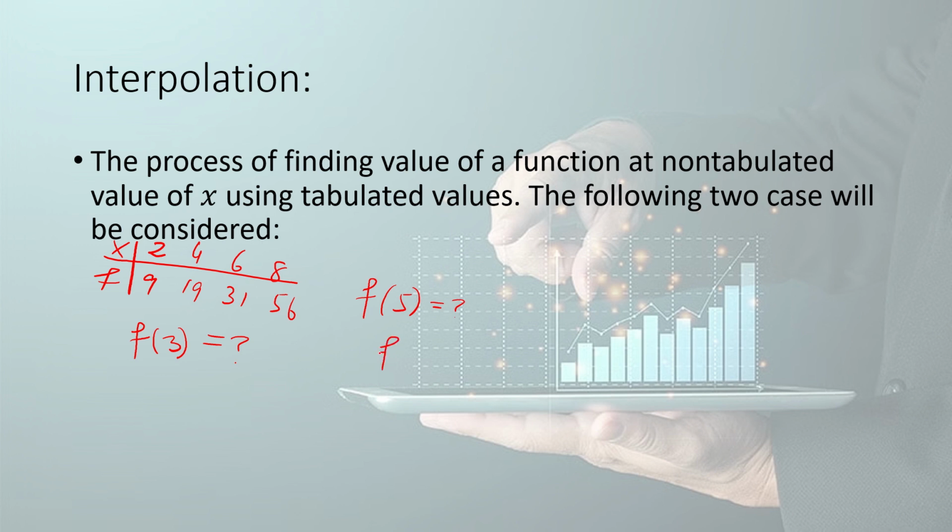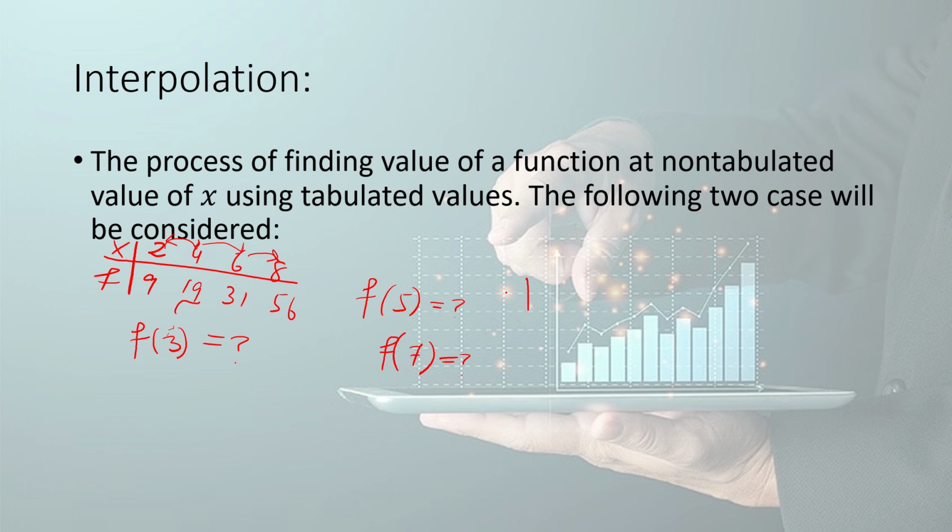You may be asked what's the value of this function when x is 7. In this case, you clearly see that the values of x are equally spaced, because the difference between 2 and 4 is 2, and that is also 2, and that is also 2.